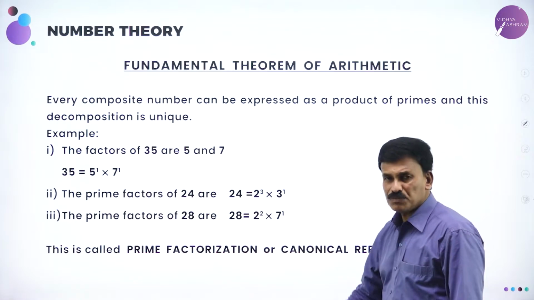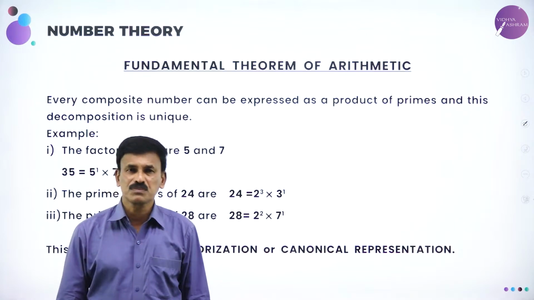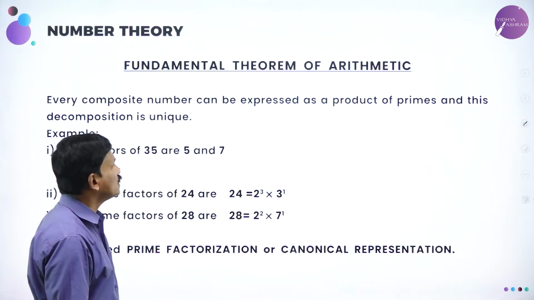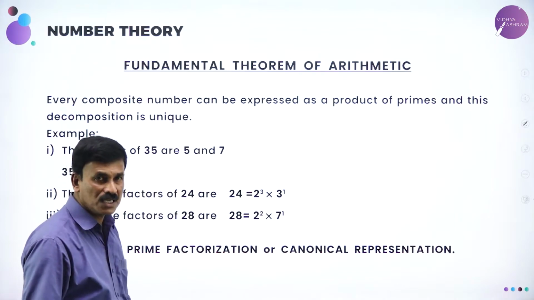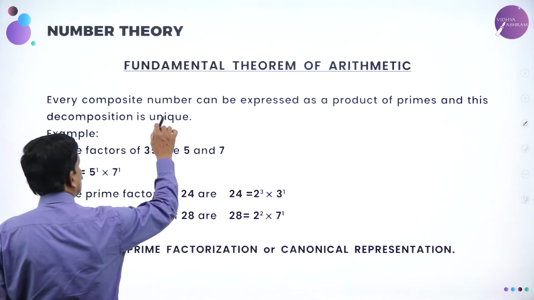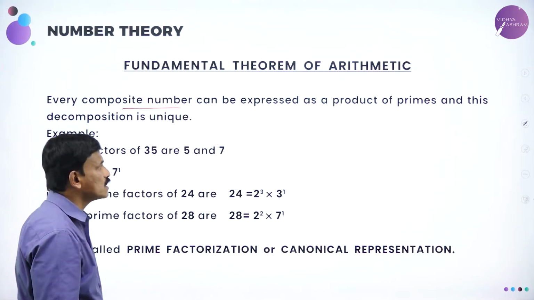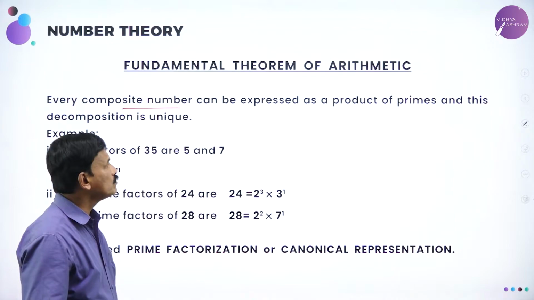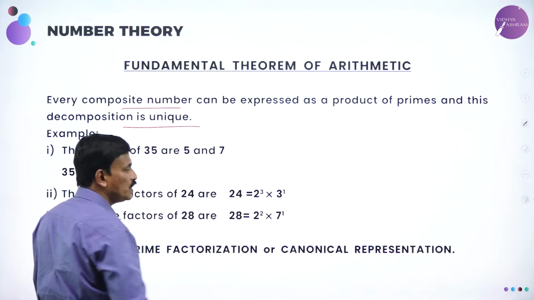Now, let us come to a very important concept in this chapter: the fundamental theorem of arithmetic. The fundamental theorem of arithmetic says that every composite number can be expressed as the product of primes, and this decomposition is unique.